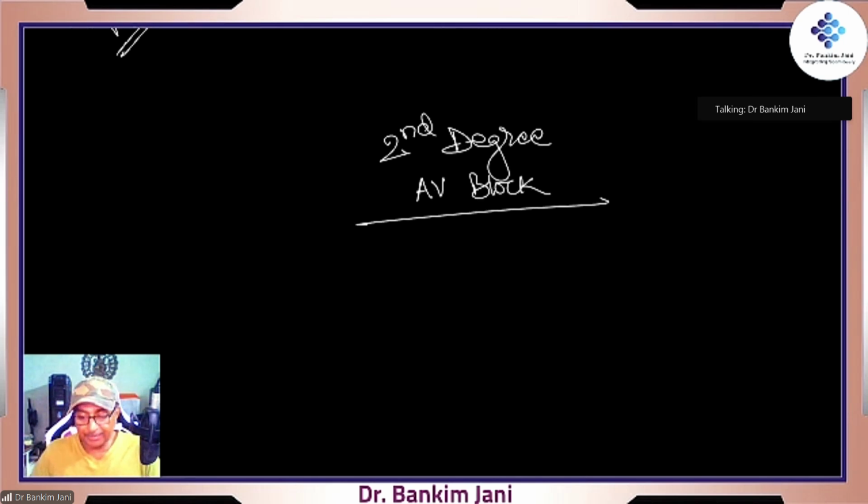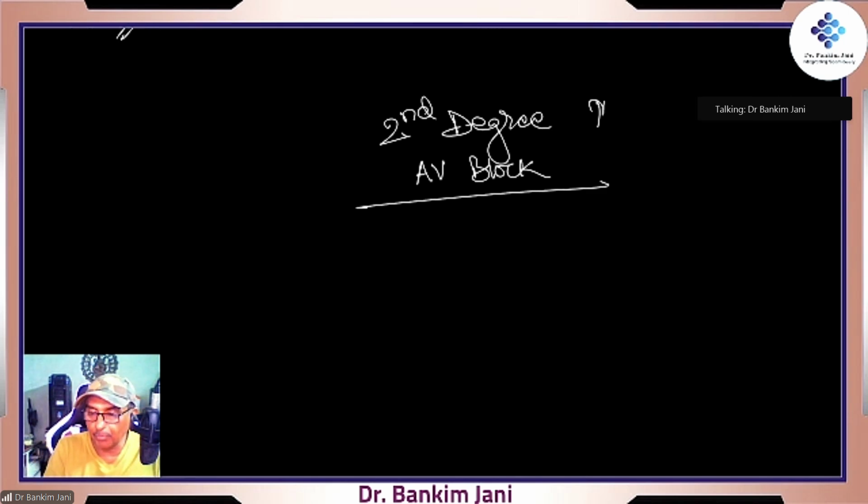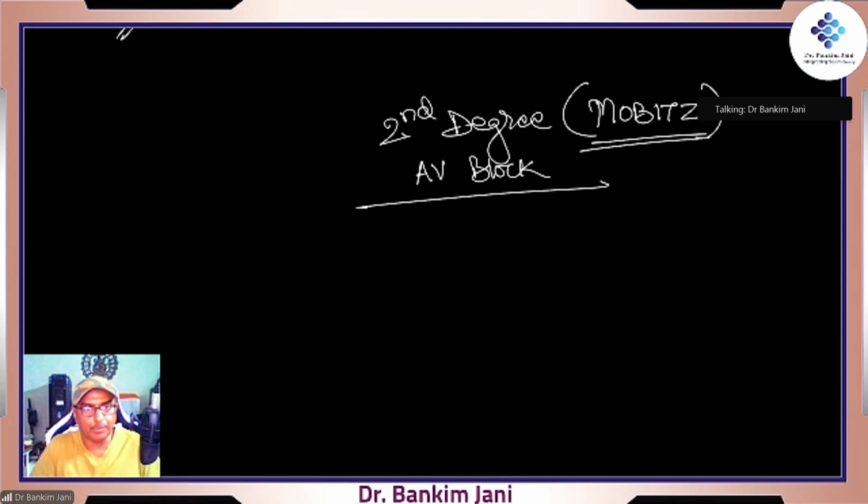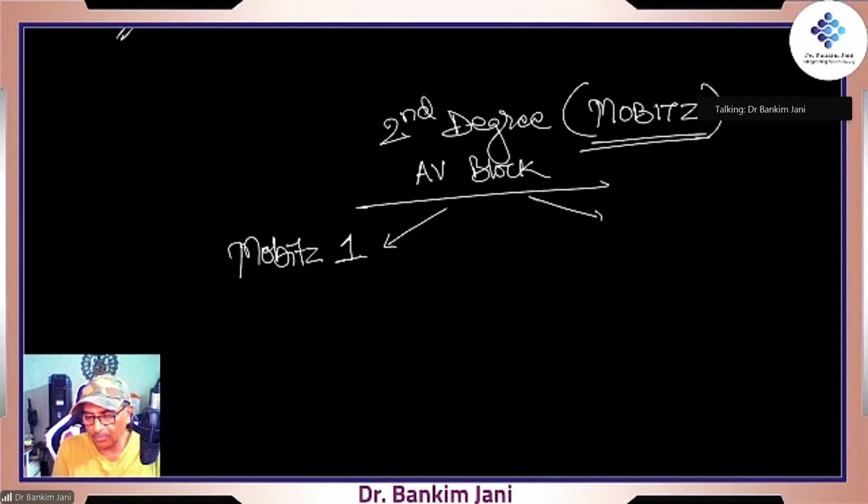Now this second degree AV block is also called the Mobitz AV block. It is called Mobitz 1 or Mobitz 2.